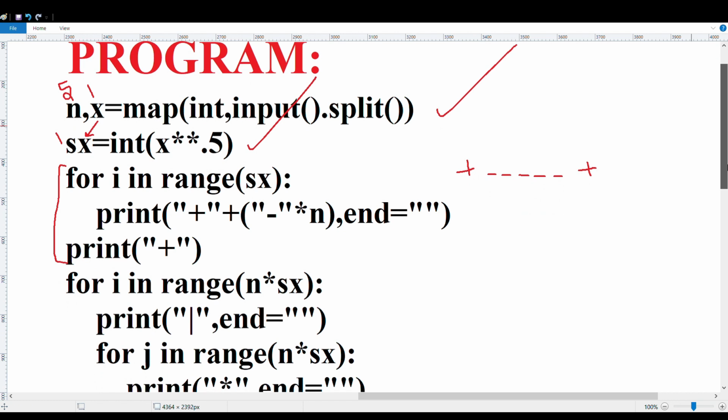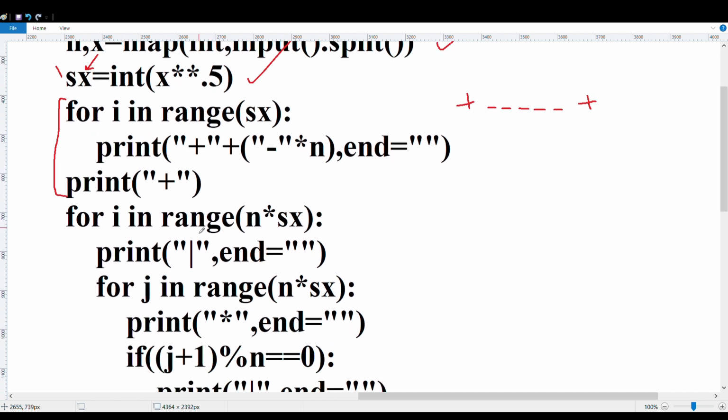Coming ahead, n times you have to repeat this part. And what is the part? First you start with the pipe symbol, and then you put the star symbol n into xs times. So this will be 0, this will be 1, this will be 2, and it goes on.